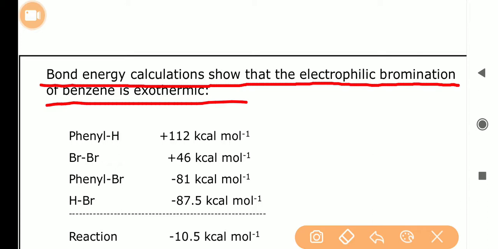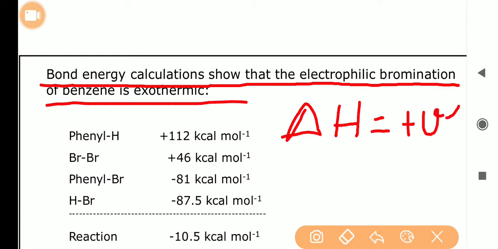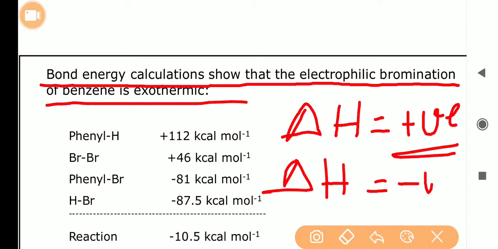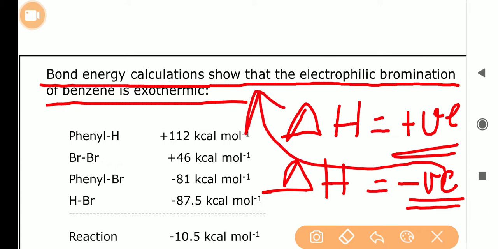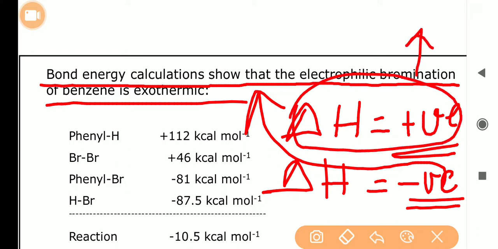In an endothermic reaction, you have to provide heat to the system.